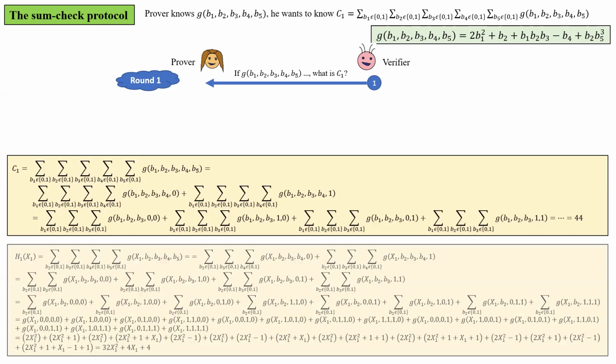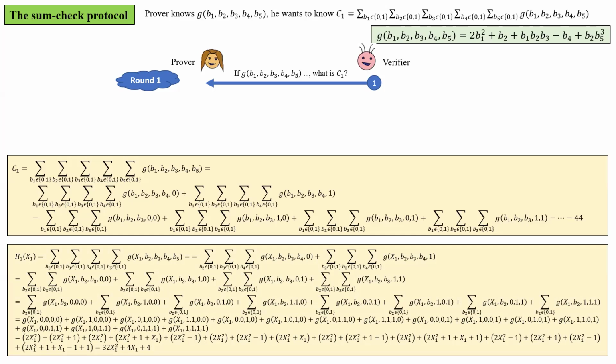For the extra calculation, the prover needs to define h1(x1). This is a repetitive step in different interactions; in each round, the prover needs to form the function hi(xi).